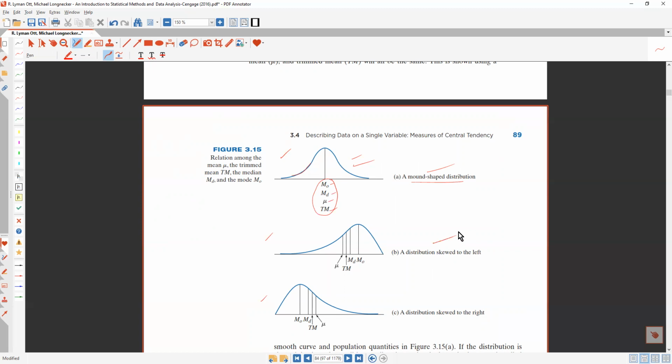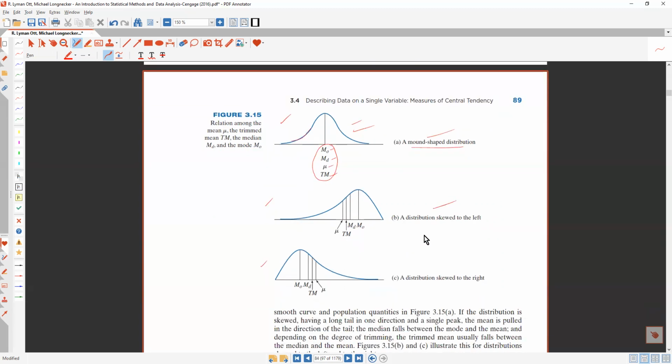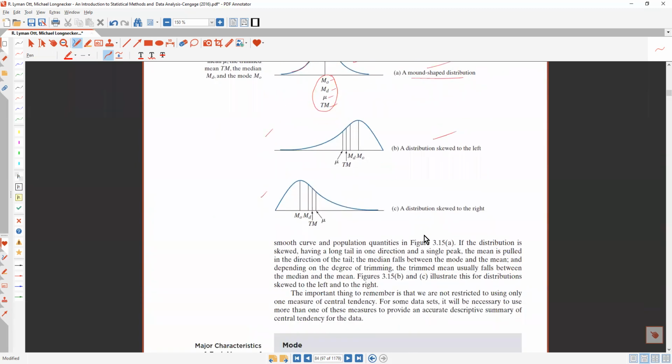But when you look at skewed data, well, what's going to happen here? With skewed data, notice that the average is being pulled, right? The average is being pulled towards the more extreme scores on this end of the distribution. And that's exactly the concept we developed just previously. We said that if you have extreme scores, that average is going to be pulled by those scores.